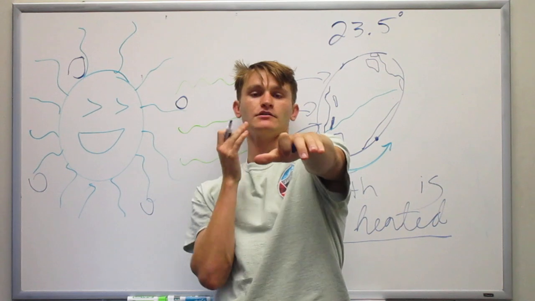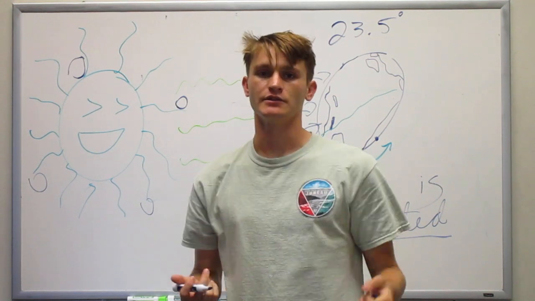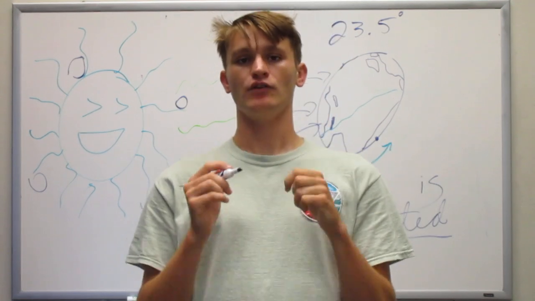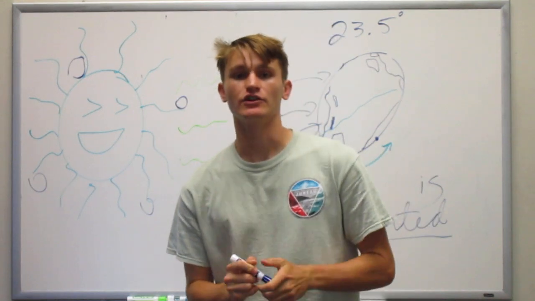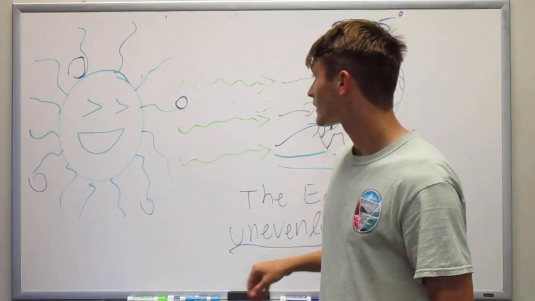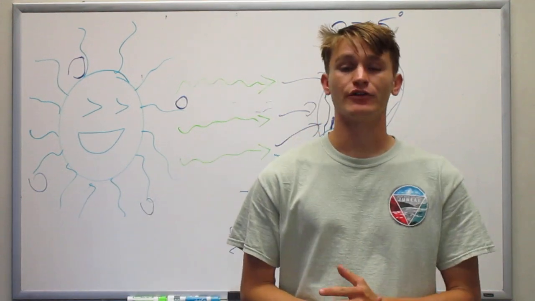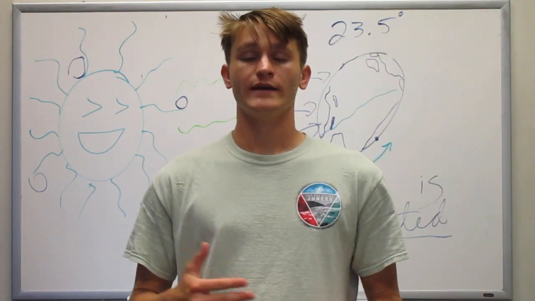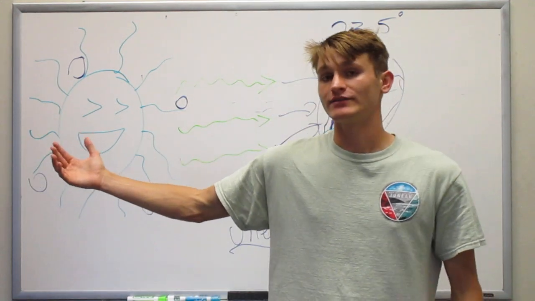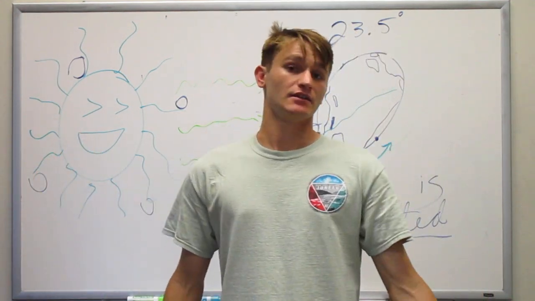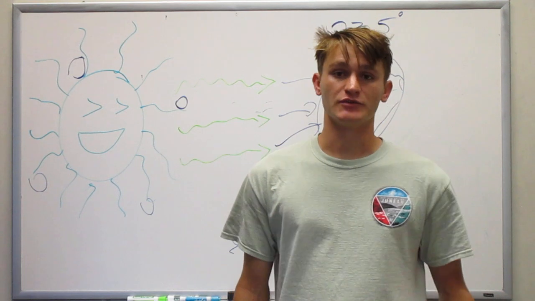My hand or my face? My hand would. So it's who's closer and who gets more heat depending on the tilt and curvature of the Earth. So that is the answer to why do we have seasons, and why is it hot? Why do we have summer in the Northern Hemisphere versus winter in the Southern Hemisphere?